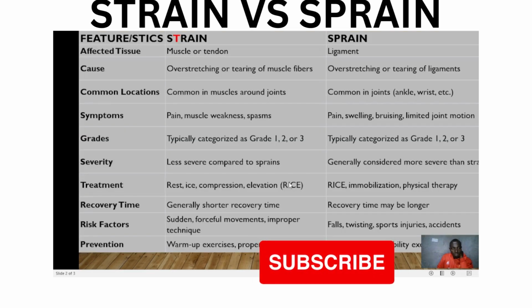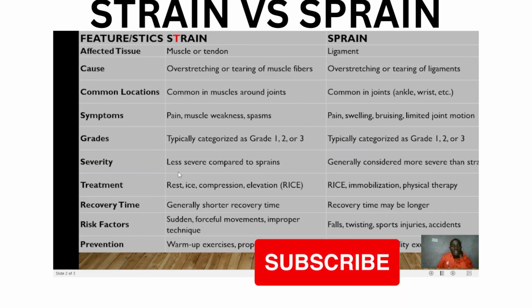If you look at it, in terms of the affected tissue, the strain affects the muscle or tendons as compared to the sprain that only affects the ligaments. In terms of severity, it's less severe compared to sprain, generally considered more severe than strain.